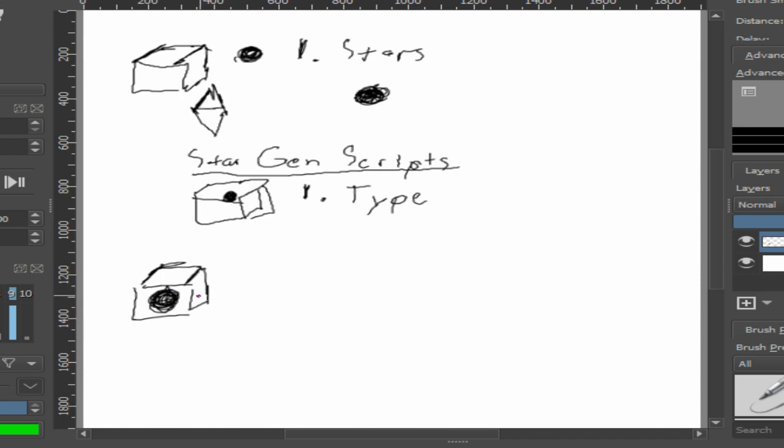So if a star is 15 times larger than the sun, then it should appear as a sphere with a radius of 15. So this is the first time the question of scale comes up.